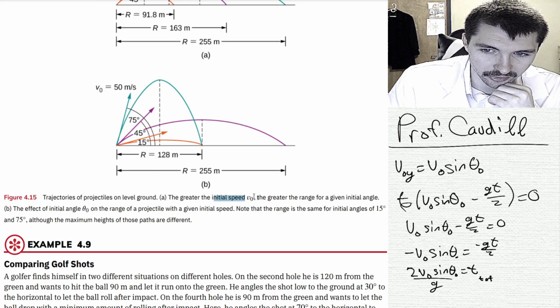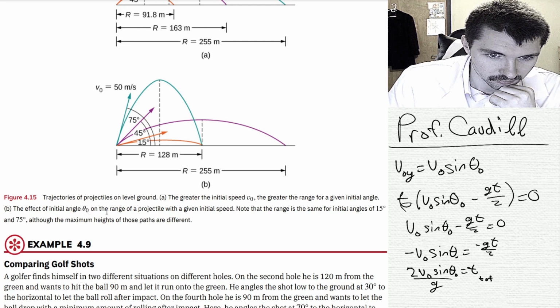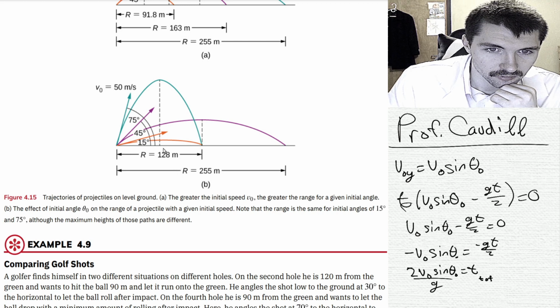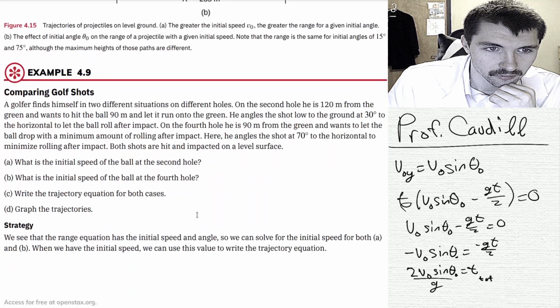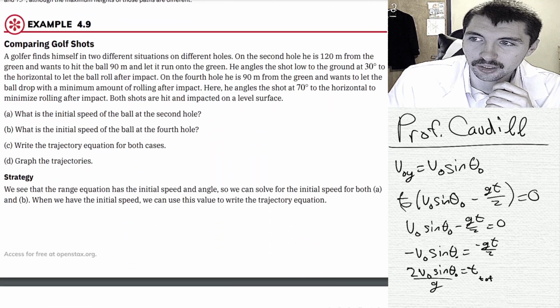Greater initial speed, greater the range. 15 degrees and 75 degrees, so it could be the same. Okay.